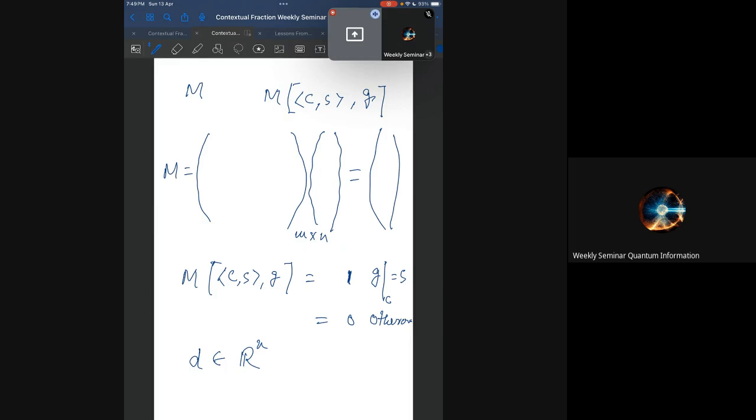This is my matrix M. If I want to multiply, it should be an n cross 1 vector, and this should be m cross 1, right? So d is the probabilities of global assignments of outcomes. That means here I will have some probability over g. And this vector I will call v_e, the vector for the empirical model e.